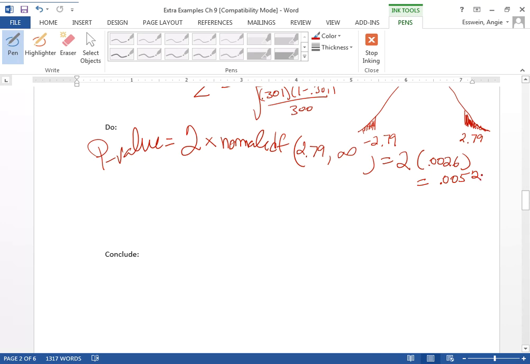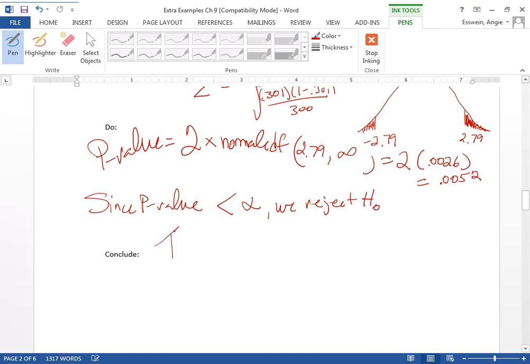So are we going to reject the null hypothesis? Yes. We write it: since the p-value is less than alpha, we reject H0.